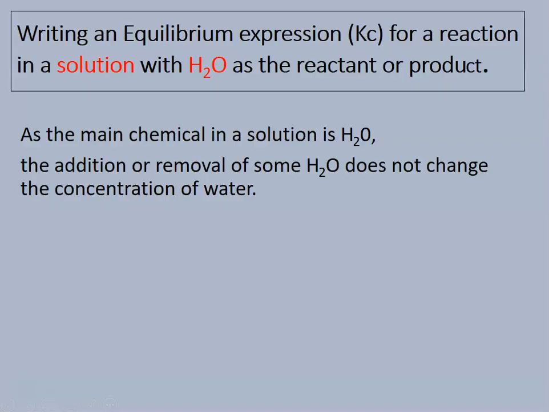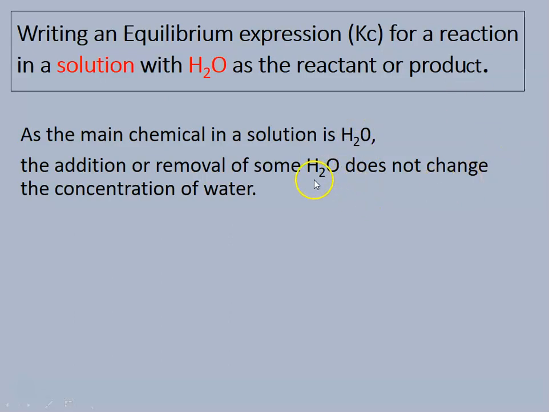Now, write an equilibrium expression for a reaction in a solution with water as the reactant or product. The previous reaction had all gases. If you have an aqueous solution, then the main chemical is water. If you're producing water or your reactant was water, then because there's so much water, you can talk about the concentration of water as how many moles of water there are in a litre, which is really density.